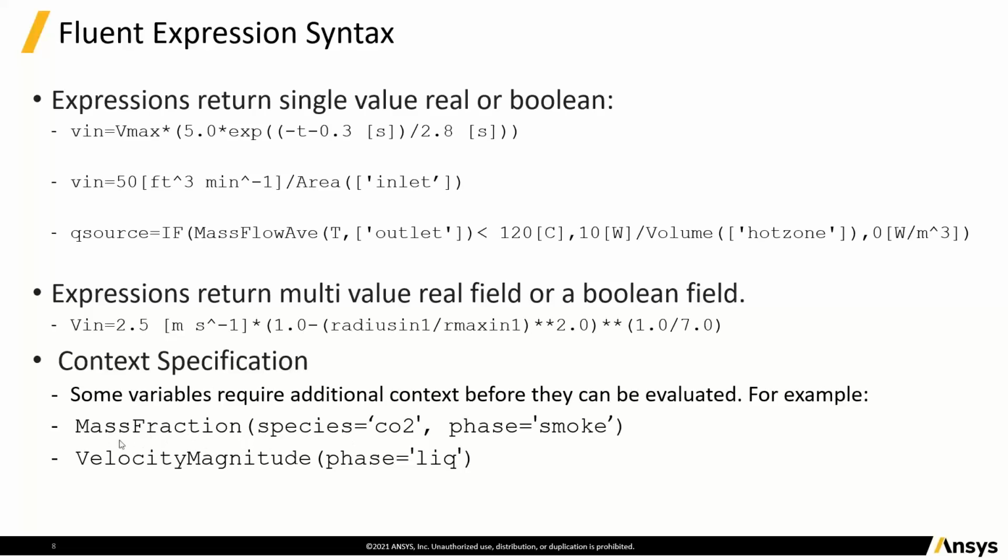So we can say this mass fraction can have a context, and the context here is that it's of species CO2, but it's also got a second context here. It's from phase smoke. So we must have at least two phases in this. Or we could have just a single phase as a context here. So the velocity magnitude depends on which phase we're in. Say we're either in the liquid or we could be in the smoke phase.